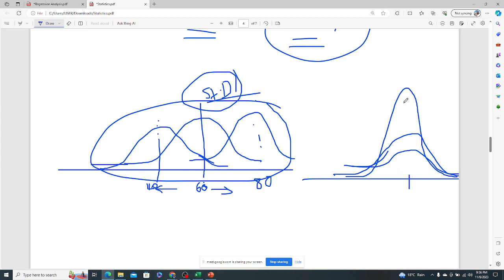We shall look at a better diagram representing this. So a change in standard deviation, keeping the mean constant, will change the normal distribution by either increasing the peak of the distribution or flattening it.